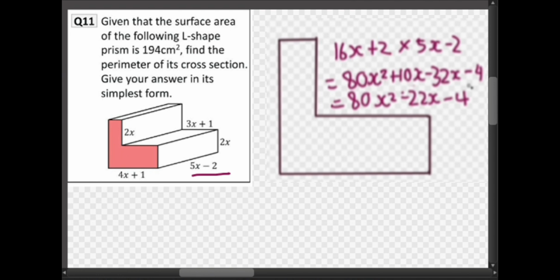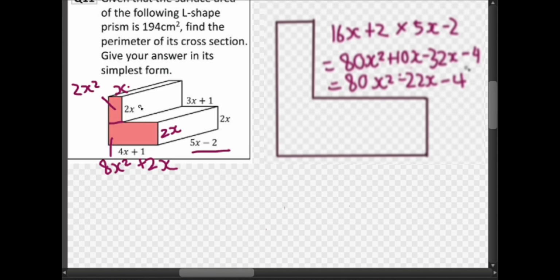For the cross section, we can divide it into two parts. Before that, we've already said that the length here is x, and the length here will be 2x. So to find this area, it will be x times 2x, which is 2x squared. And on the bottom part, it's 4x plus 1 times 2x, so the answer here will be 8x squared plus 2x.